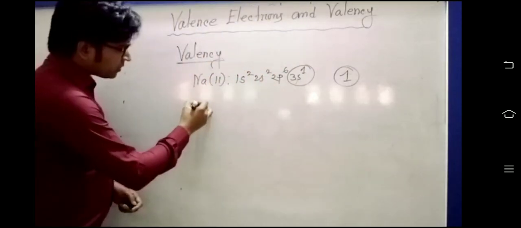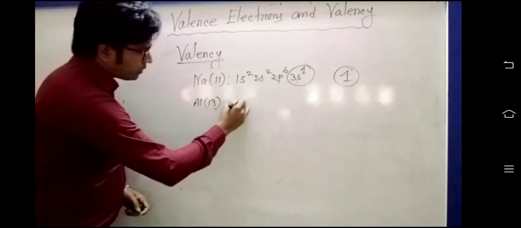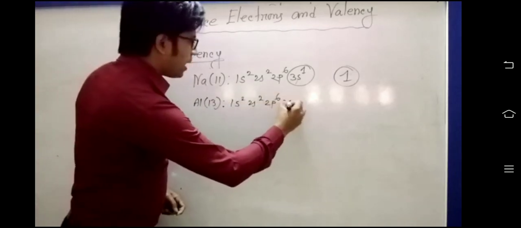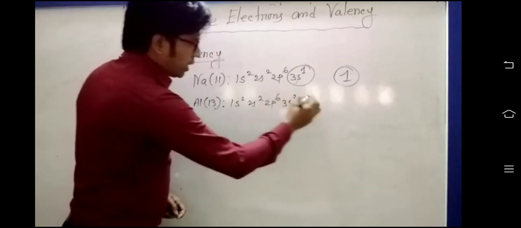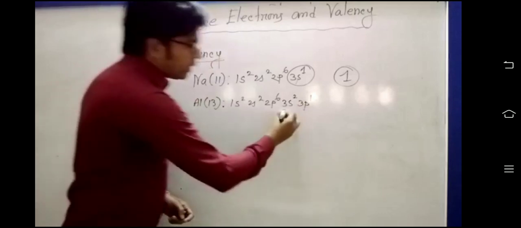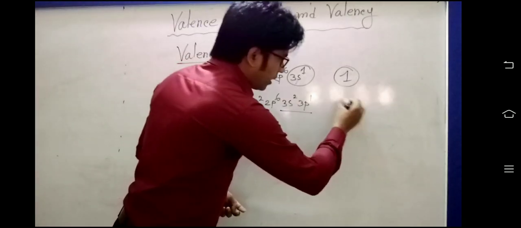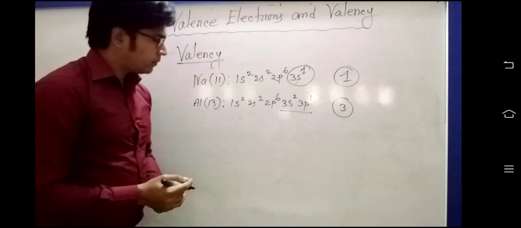Same way for aluminium, atomic number 13: 1s2, 2s2, 2p6, 3s2 and 3p, 10, 11, 12, 13. So in the outermost shell there are 3 electrons. So the valency of aluminium is 3.